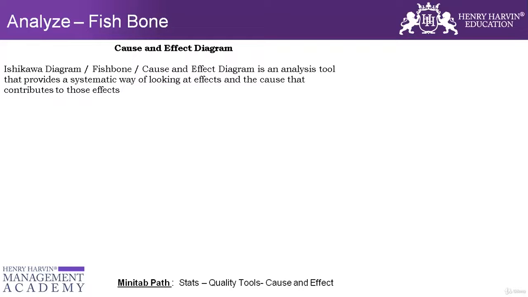We'll discuss those headers, but for now understand that this tool helps us to do the affinitize kind of thing, wherein we categorize those causes under different headers. By the end of this exercise, we would come to know which particular category we need to focus on to resolve the issue that we have.